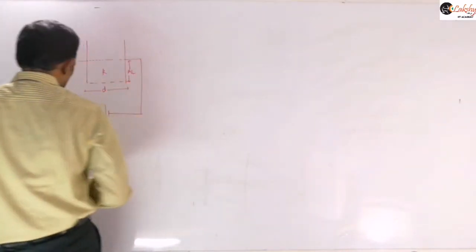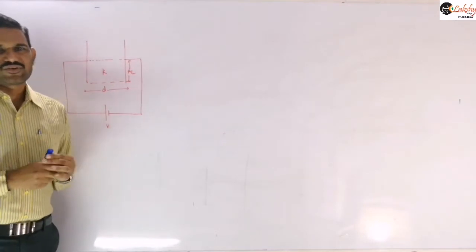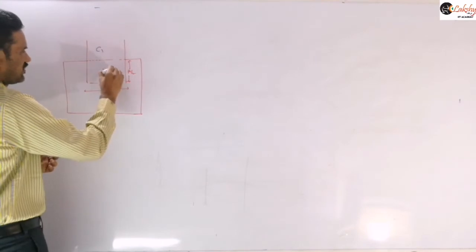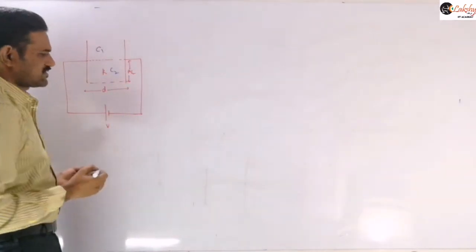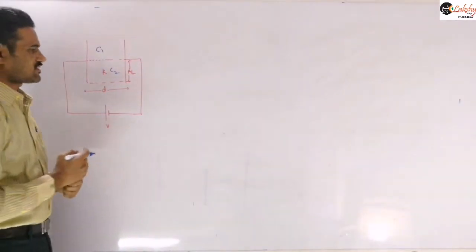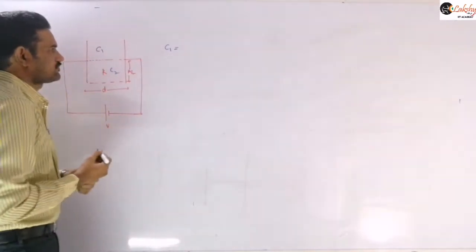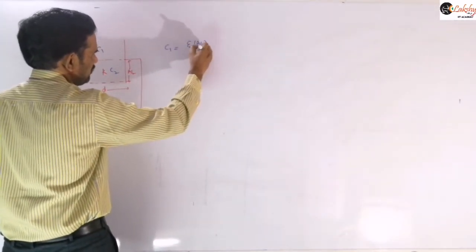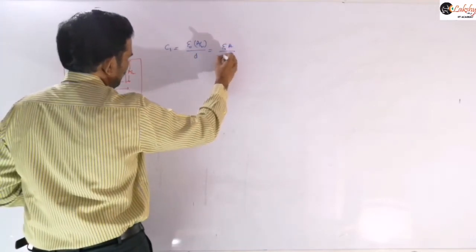Now here we know the general procedure. If such a problem is given to us and they are asking for the effective capacitance, generally let us take this as C1 and this as C2, right? The C1 expression we discussed in the last class is based on this type of calculation. So I can consider C1 is equal to epsilon naught into A by 2 by D, so this is epsilon naught A by 2D.